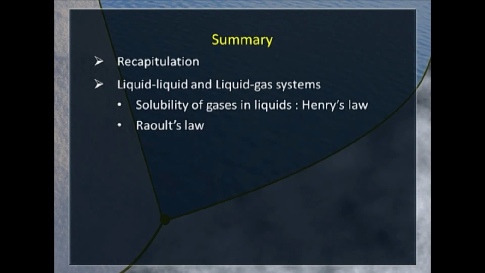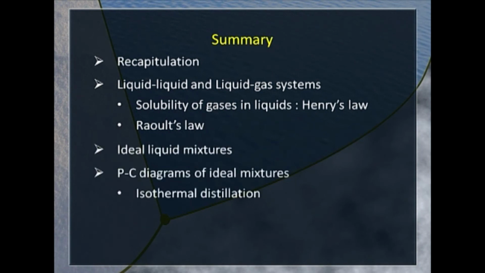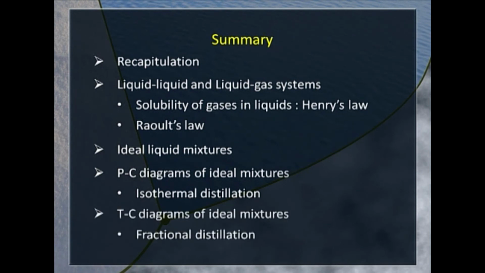We looked at Henry's law, Raoult's law, ideal liquid mixtures, PC diagrams and their usefulness in explaining isothermal distillation, and then more useful TC diagrams where we could explain clearly what is meant by fractional distillation, and in the laboratory and the industrial scale the type of instrument or assembly that we use to bring about fractional distillation.